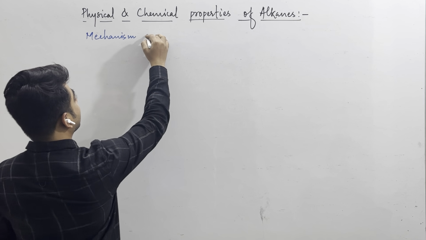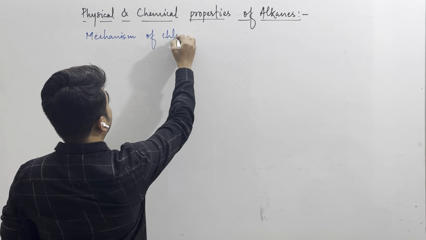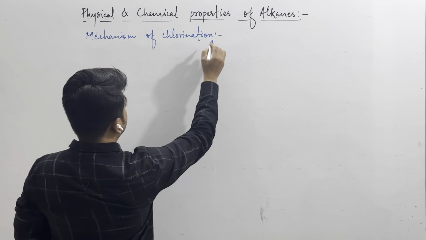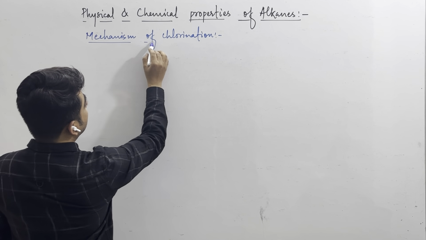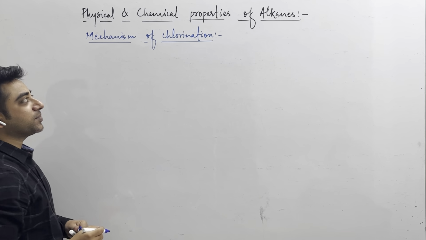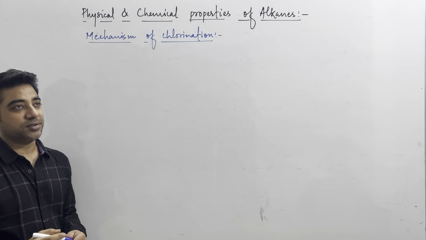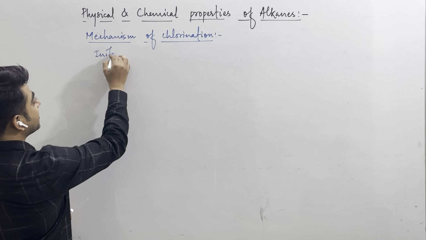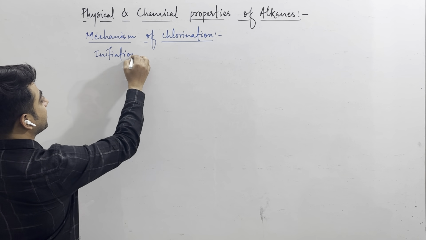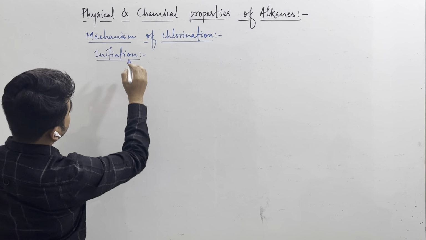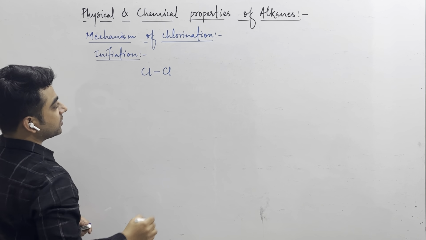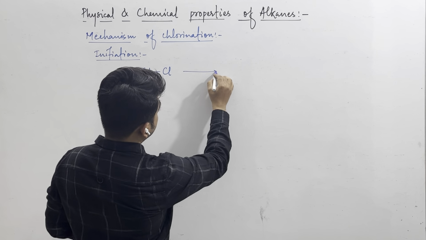Mechanism of chlorination, this is actually a free radical reaction. So there are three steps in this mechanism: initiation, propagation and termination. Let's first see step 1, initiation. In the initiation step, you need to understand that these chlorine molecules are in presence of sunlight.